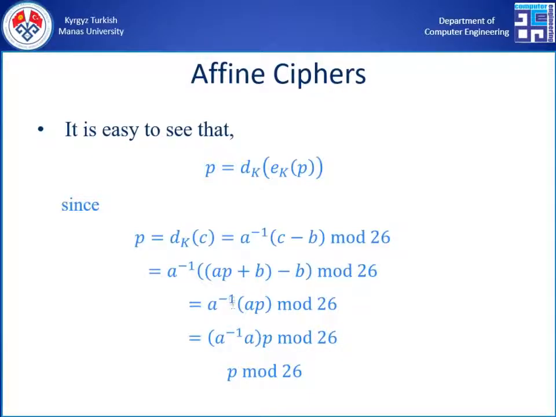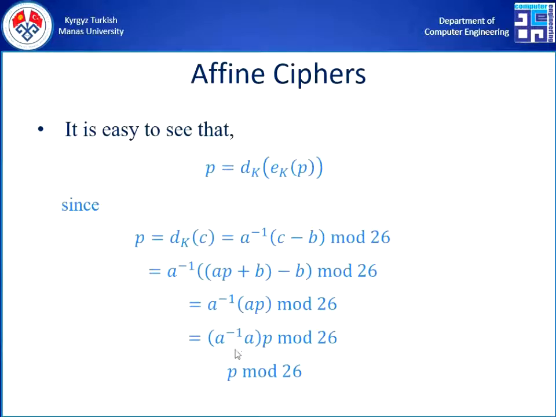So this term, the multiplicative inverse, should be a unique number. When multiplied by A, it should give us 1. Therefore, this element A to the power minus 1 is called a multiplicative inverse of the element A. So why are we left with the plaintext only? Because we have this part in this expression as well.